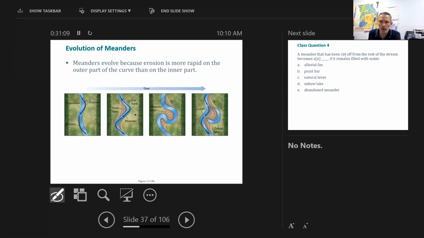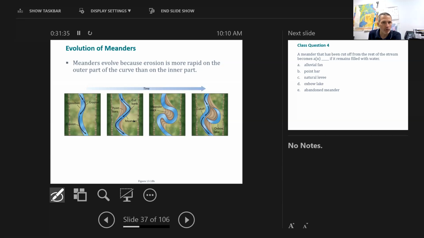We call the side that is eroding away the cut bank. And so this water is moving a little faster over here, so the competence of the river is going to pick up more materials. The other side, where the erosion is not occurring, it's going to start to deposit material. So then we'd end up with these point bars and cut banks. Cut banks on the eroded side, point bars at the deposited side.